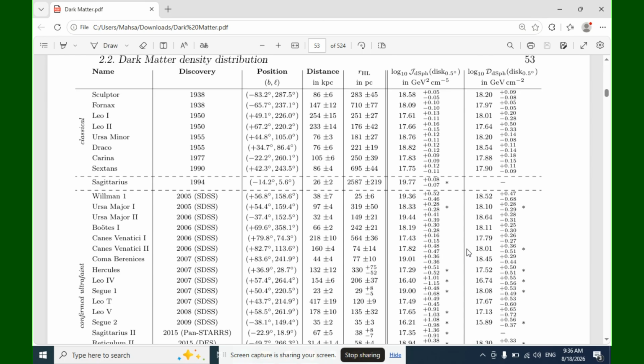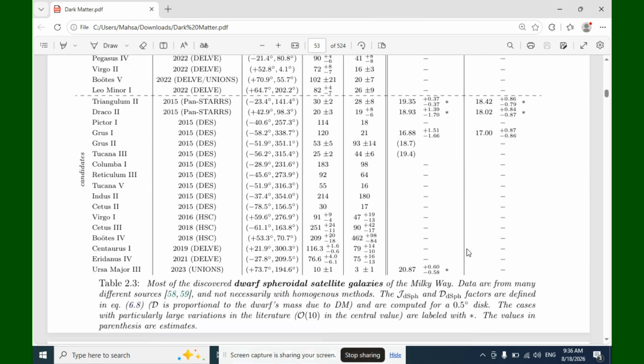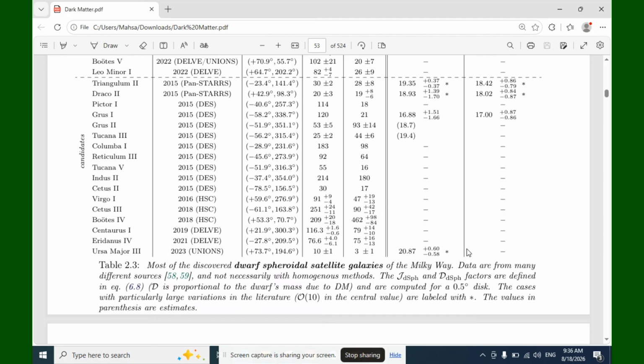So you are seeing this table, table 2.3, describing most of the discovered dwarf spheroidal satellite galaxies of the Milky Way. Data are from many different sources, for example, references 58 and 59, not necessarily with homogeneous methods.